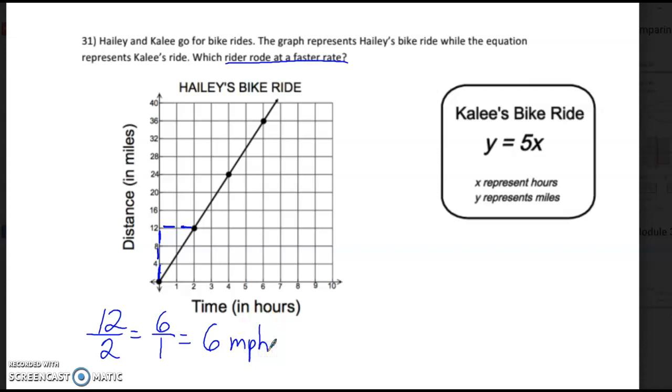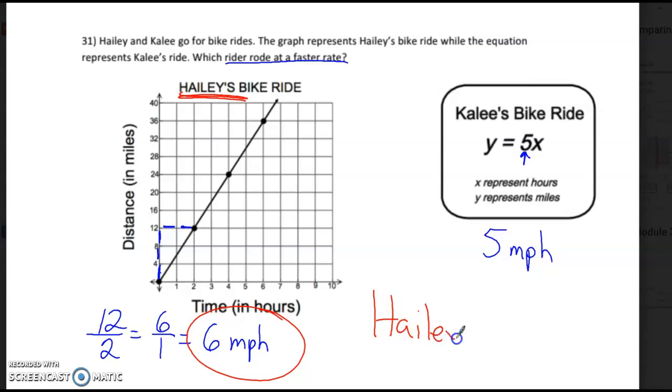We look at Callie's. Hers is right here. So her unit rate is 5 miles per hour. Which rider rode at the faster rate? That would be Hallie. So Hallie is the faster.